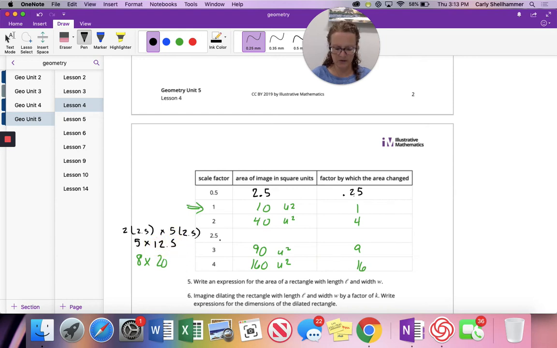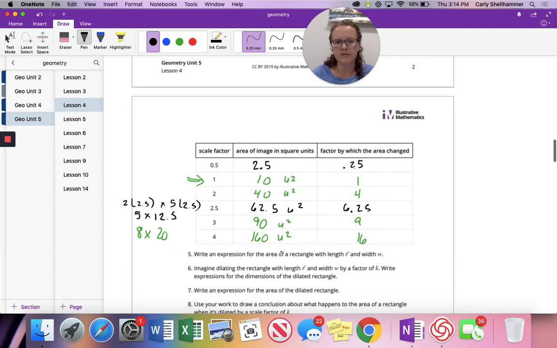So that area is going to be, and to get from here to here, be a scale factor of 6.25, okay?